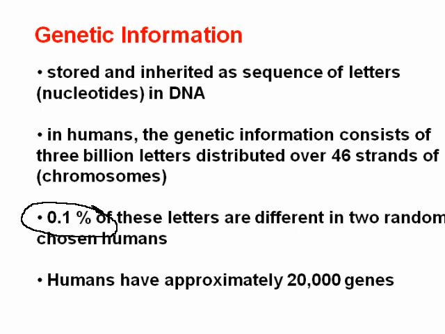Not only the differences that we can see are due to those 0.1%. It's actually, for example, how likely we are to get certain diseases, cardiovascular disease, cancer, osteoarthritis, is also determined by these 0.1% of the letters that are different.